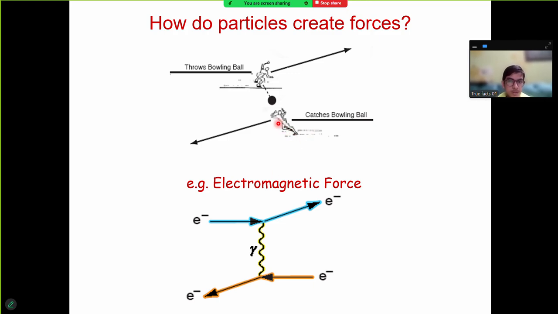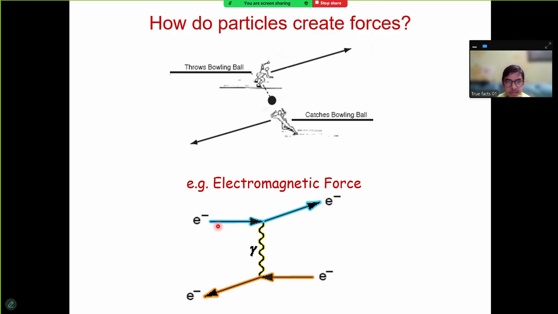The ball moves from this section to over here. The one catching the ball we can assume to be gamma radiation, so it is receiving it, catches the ball, and slides over here. You can see it over here too.